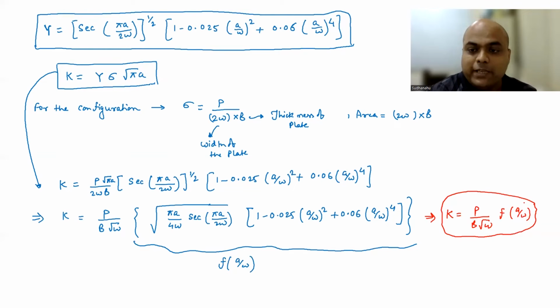We also know P, B, and W because we know the plate, so everything is known.